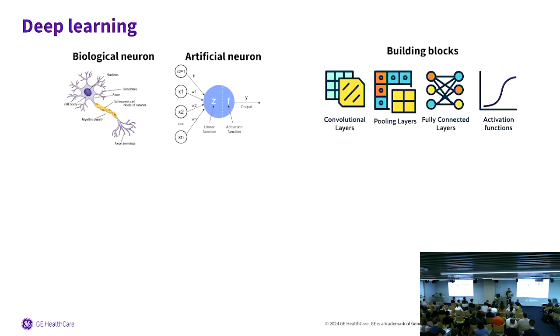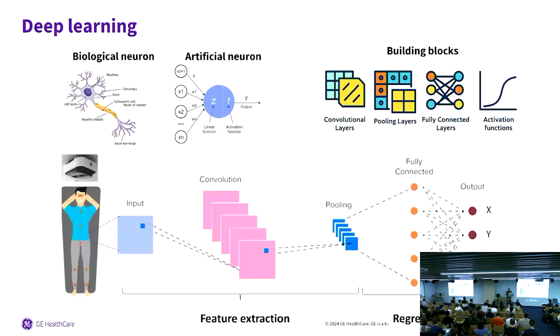Just to put it in context, for example, if you have a patient lying on the table, there's a camera up there, and you want to track the patient, whether it moves or to predict certain features. So you could have this simple convolutional neural network.